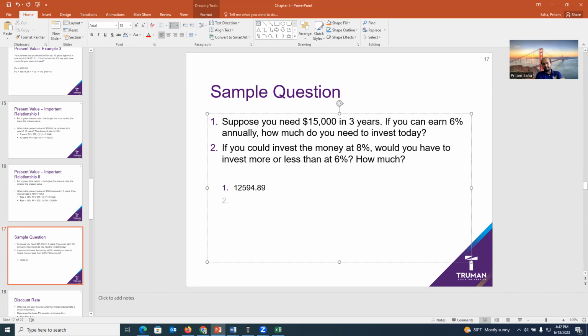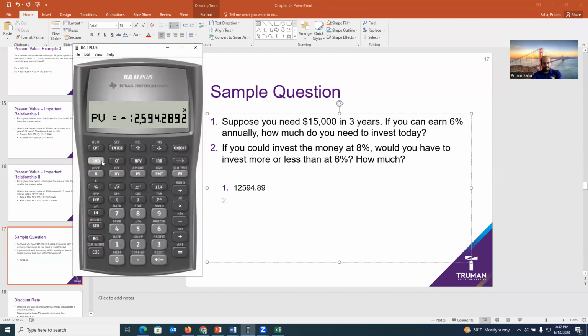Now, if you could invest the money at 8%, would you have to invest more or less? Okay, let's see. So 3 here, 8 here, payment 0. Future value, compute.